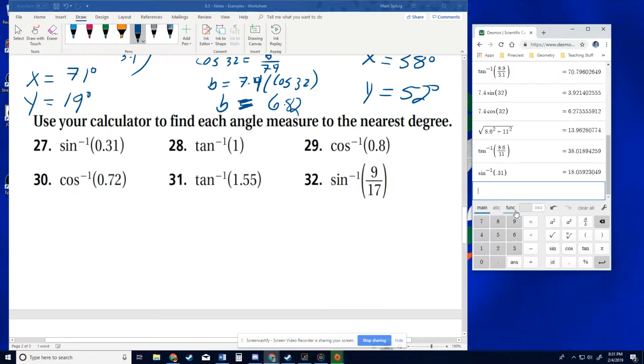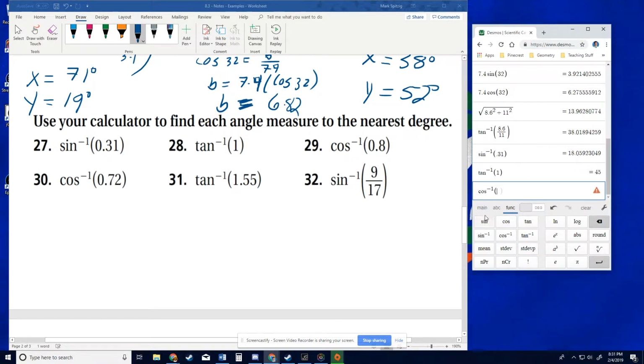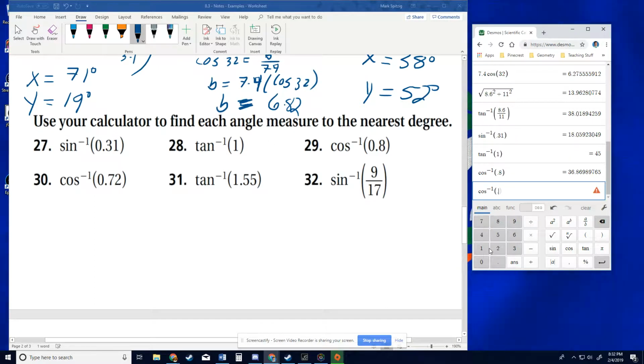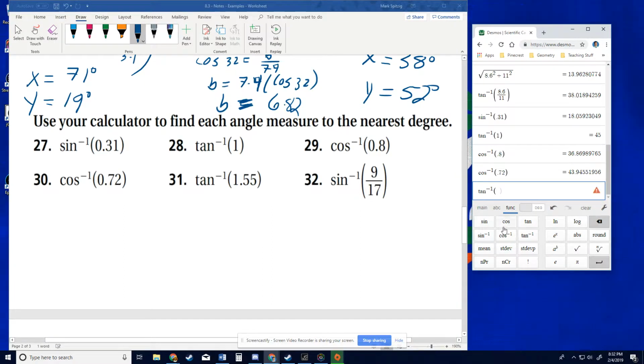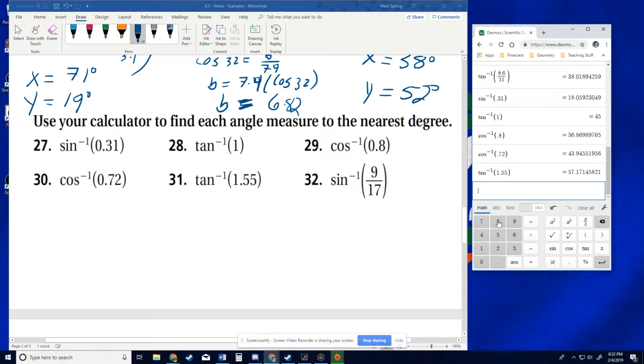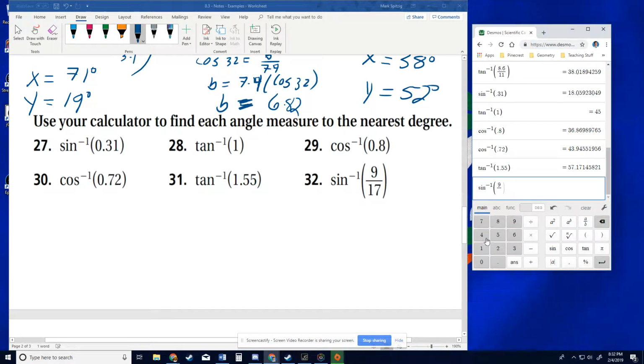I'm just going to do all these at once: inverse tan of 1, inverse cosine of 0.8, inverse cosine of 0.72. These are just a matter of plugging them in the right order. And we have inverse tan of 1.55, and finally the inverse sine of 9 over 17.